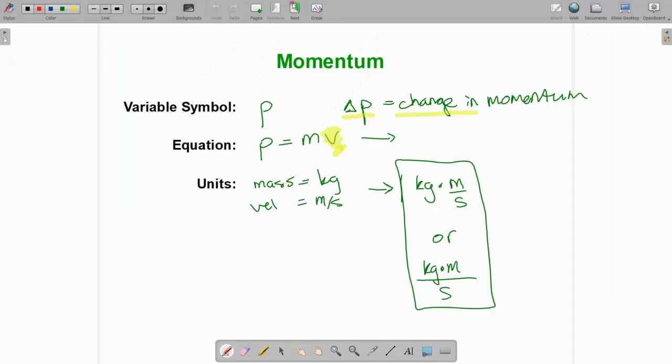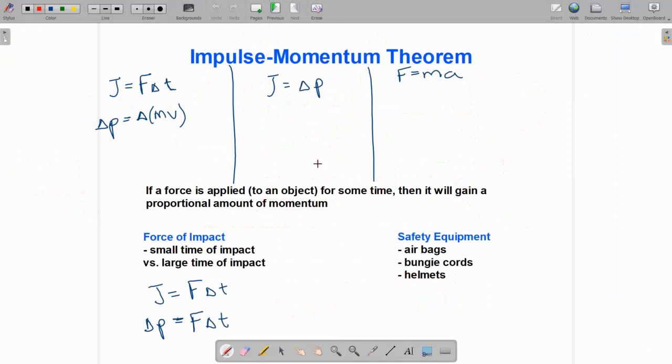So let's go back to that. I have some equations here. Impulse is equal to force times the time, so the fire extinguisher and how long we applied the fire extinguisher for. And then Wally's change in momentum would be equal to mass times velocity.